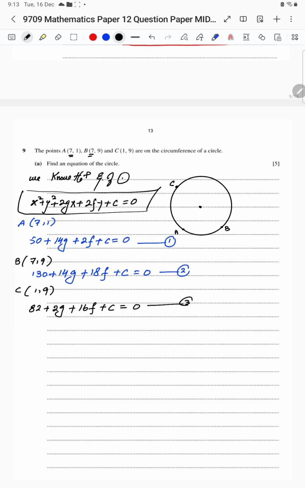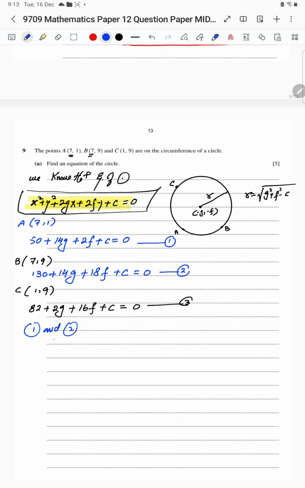Now I know this equation. For this equation, what I wrote as a formula here, the center is minus g, minus f, and radius r is square root of g square plus f square minus c. So applying this, I need to solve these simultaneously. So solving first 1 and 2.